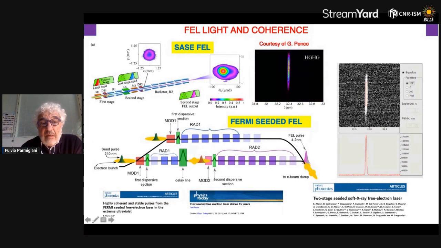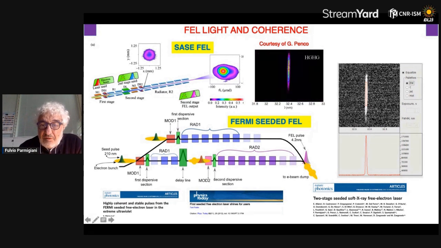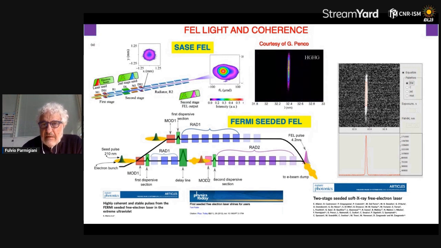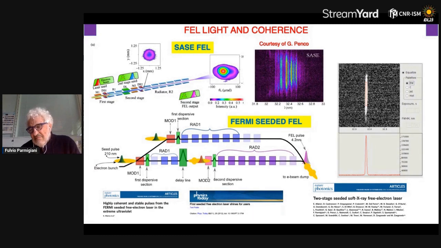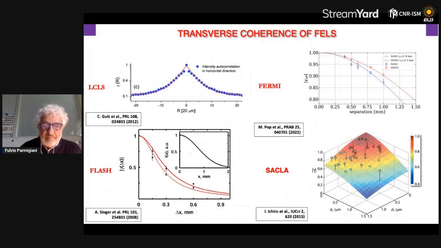Instead, if you are seeding the electron bunch with a laser pulse, you will have quite a single pulse, which is, of course, very, very close to what you expect from a real laser. But of course, having a pulse that is narrow in bandwidth doesn't mean that it is a Poissonian light.